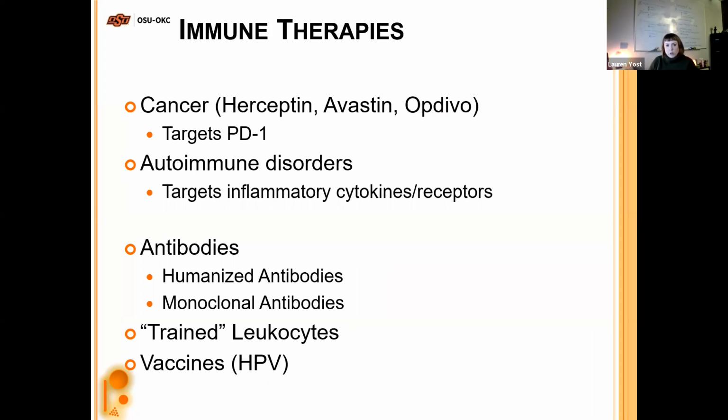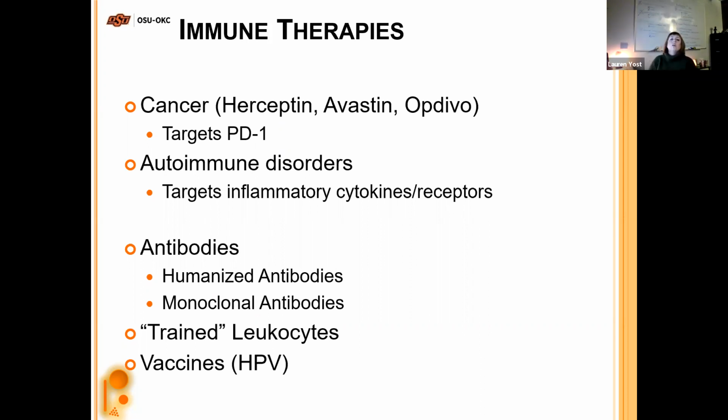They might have a specific marker that you can attack. We can make antibodies that can attack that molecule and infuse you with them so that your body can use those antibodies to attack your cancer.